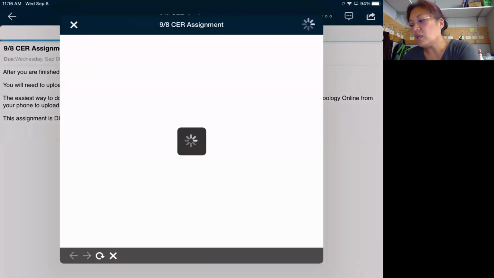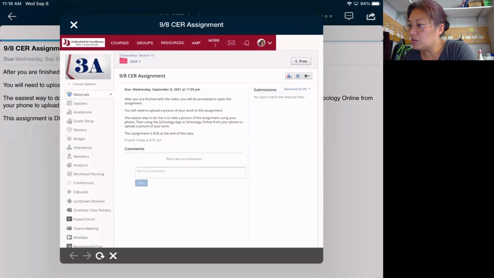But you can go in here, and then what you are going to do in your CER assignment is under your submissions, you are going to upload those 2 pictures of the front of your work and the back of your work into the CER assignment. That's where your classwork grade for today is going to come from. Okay. If you do have questions, talk to the classmates sitting around you. I know a lot of you uploaded work last year, so I'm guessing and hoping that you guys will be able to take care of that for me. So you're going to upload your work in there.